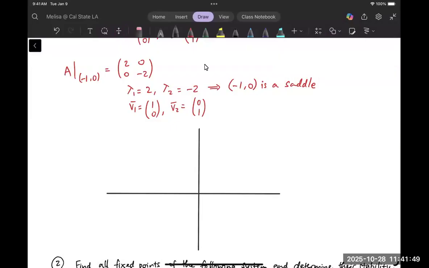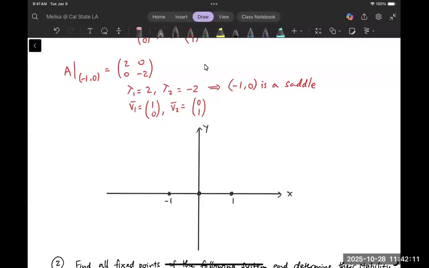Okay, so this is your y-axis, x-axis. We got 3 fixed points. The first one is the 0, 0 origin. And then you have 1, 0. And then -1, 0. Those are your 3 fixed points.